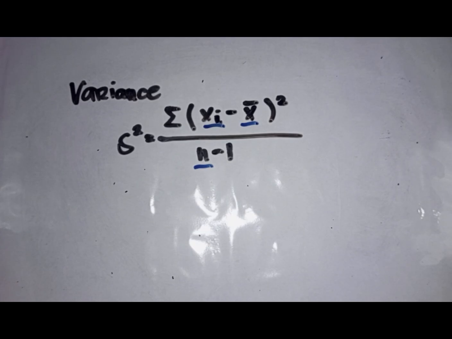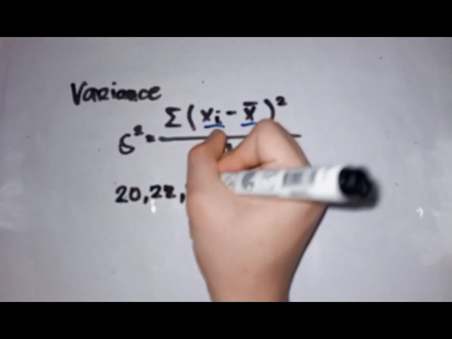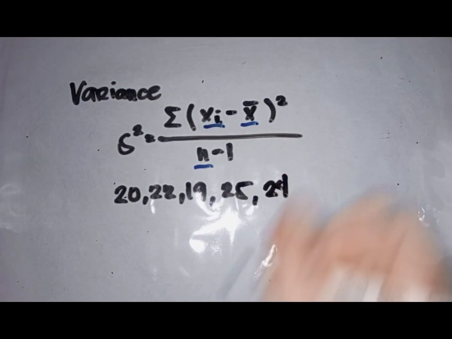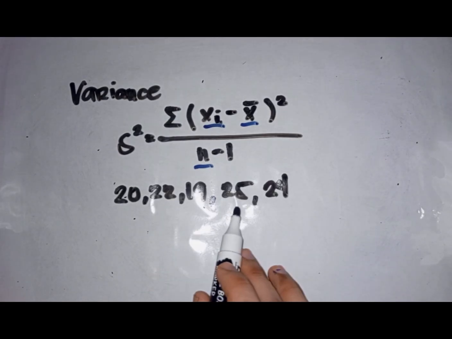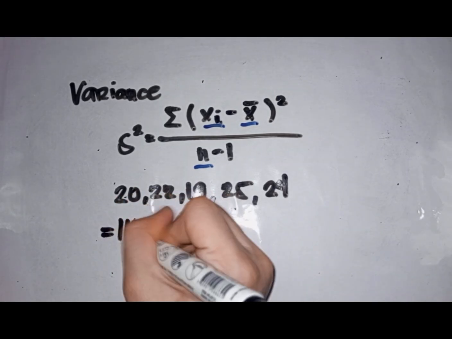So now let's use a new data set: the daily high temperatures in degrees Celsius for a week in Santiago City. Let's say our temperatures are 20, 22, 19, 25, and 24. So we find the mean. We need to add the data: 20 plus 22 plus 19 plus 25 plus 24 is equal to 110.